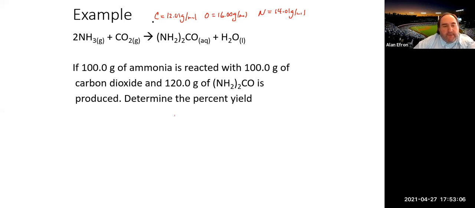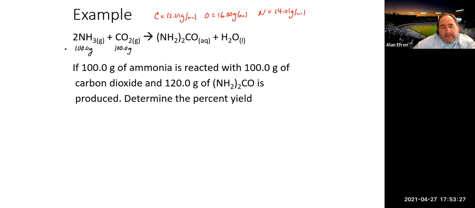Let's talk about a couple of things, make sure everybody's on the same page. First off, this is a limiting reagent problem. Hopefully you got that. Here we have an equation. It is balanced. We're given 100 grams of ammonia, which is this guy. We're also told that it reacts with 100 grams of carbon dioxide.